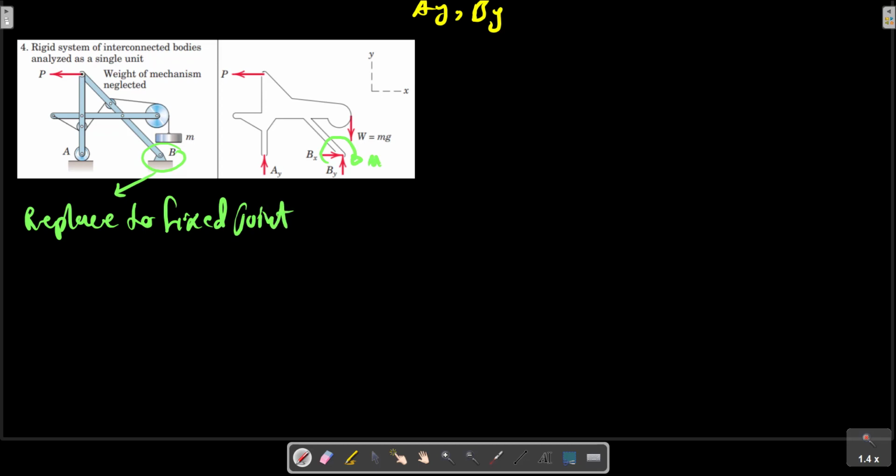When not free to turn, the support could transmit the couple to the beam through the pin. Therefore, there would be four unknowns.